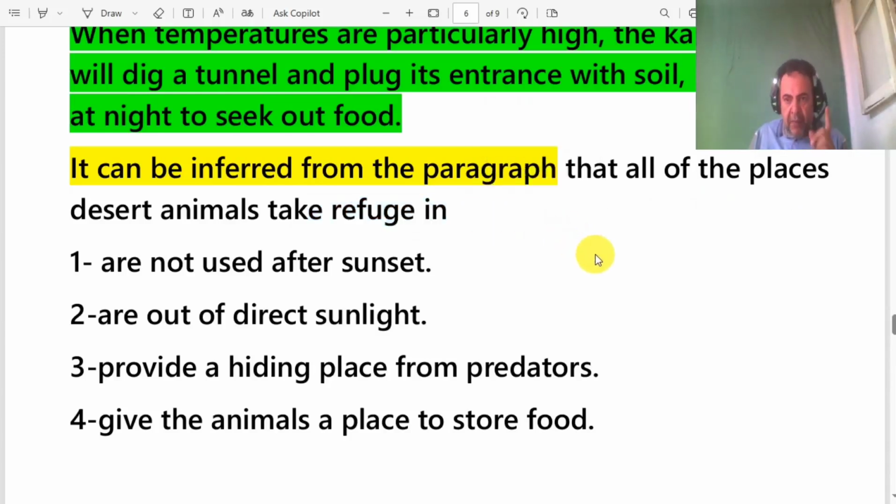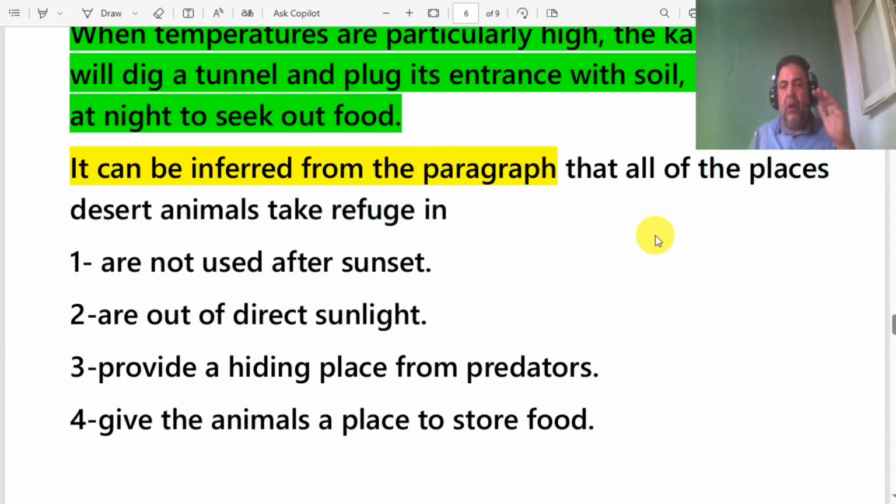So now, number 1, you have to read the question carefully and understand well what it means. He is asking us here about a conclusion or an inference about the features or the merits or the characteristics of the places that the animal takes as a refuge while the direct sun is there, okay?